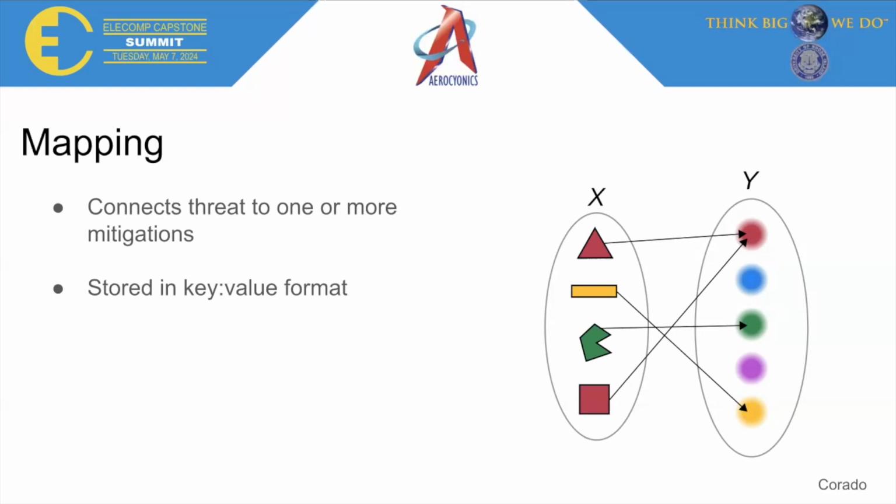So this mapping script allows us to assign multiple mitigations to one threat. And there's even cases where multiple threats are assigned to a single article, so we would also have to assign mitigations to all those different threats that are in one article. The content is stored in a key value format where the key is the threats and the value are the mitigations.